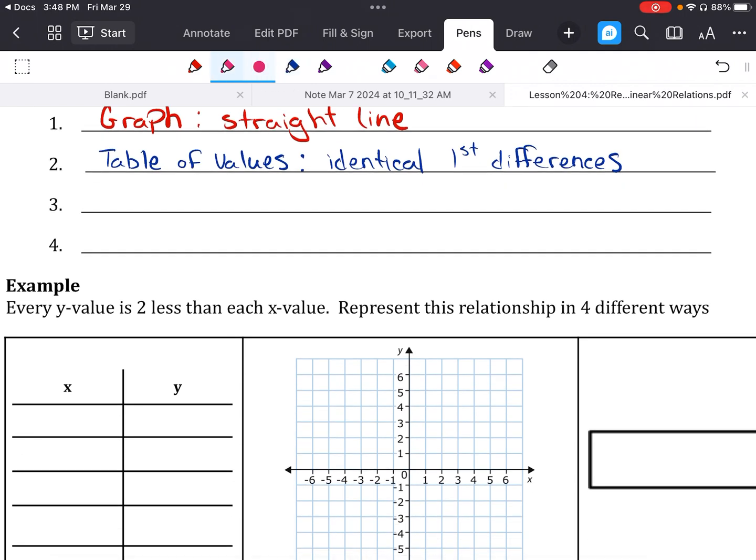We can represent it in an equation, and that will be in the form of y equals mx plus b. And we can do it in words. So that's just a word problem.